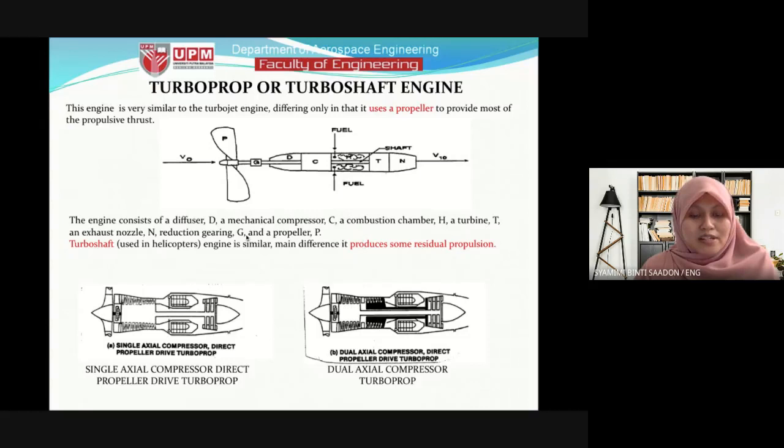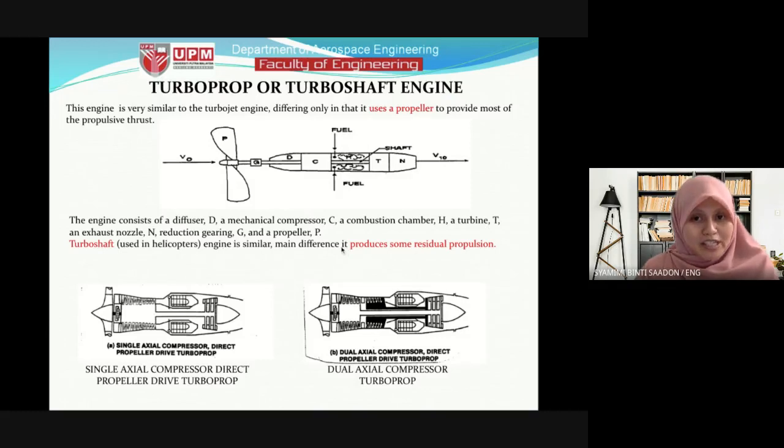The components are quite the same: diffuser, compressor, combustion chamber, turbine, nozzle, plus gearing and propeller. Turboshaft and turboprop engines are commonly used in helicopters.